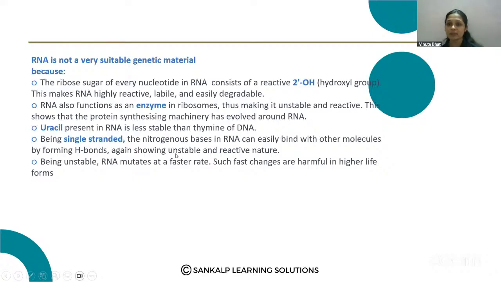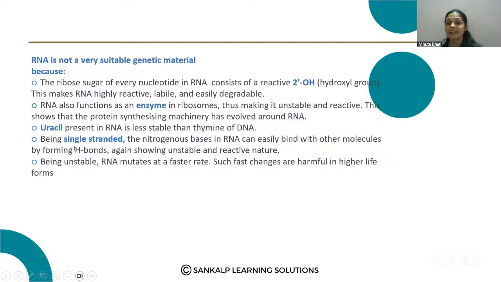What is the reason behind this? Here, the ribose sugar of every nucleotide in RNA has a reactive 2' position. So at the second carbon atom, a hydroxyl group is present. RNA also functions as an enzyme in ribosomes, thus making it unstable and reactive. And uracil present in RNA is less stable than the thymine of DNA. So, with uracil, it is less stable compared to DNA.